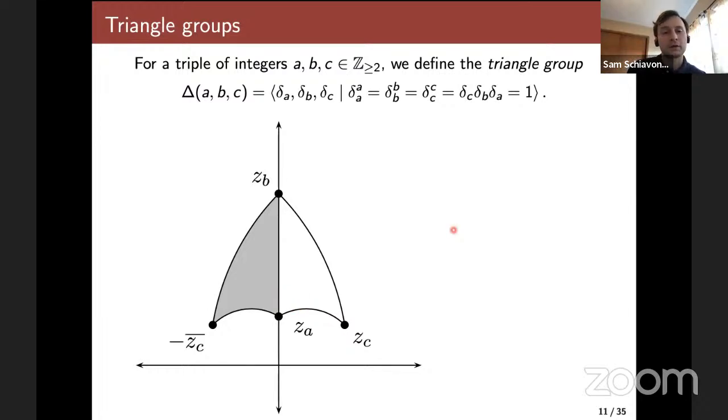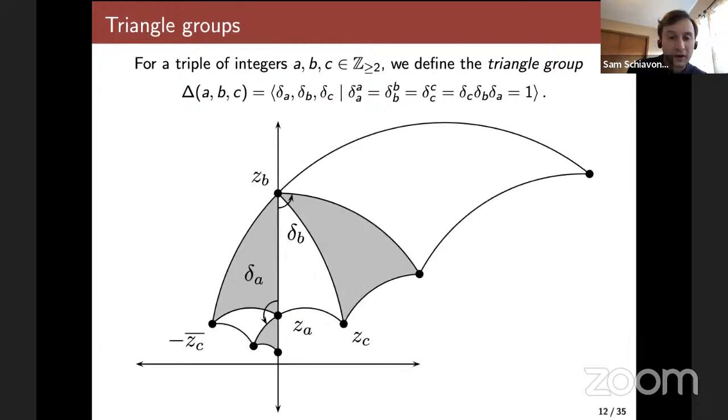The triangle group you can understand as the orientation preserving symmetries of this triangle. So delta A is a rotation about the vertex with angle pi over a by 2 pi over a, and delta B a rotation about the vertex with angle pi over b. I gave you a precise definition with this presentation, but you can also think about it more geometrically.